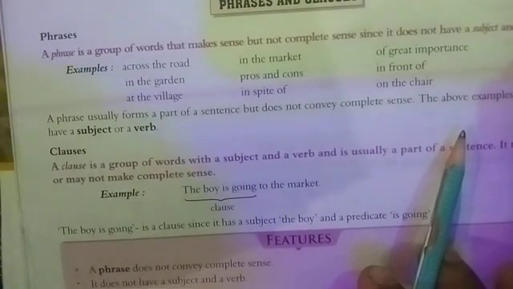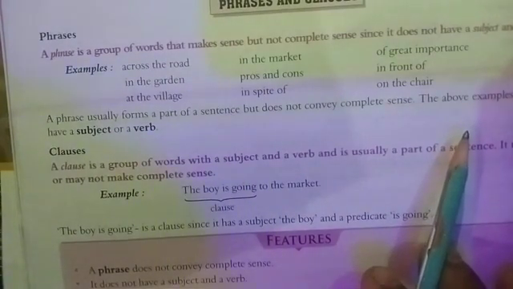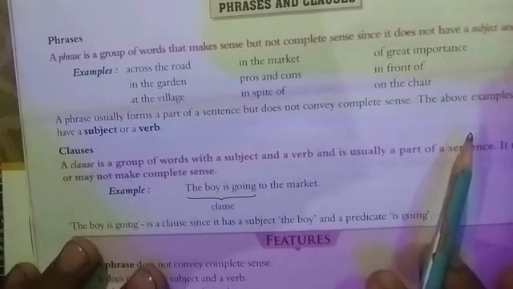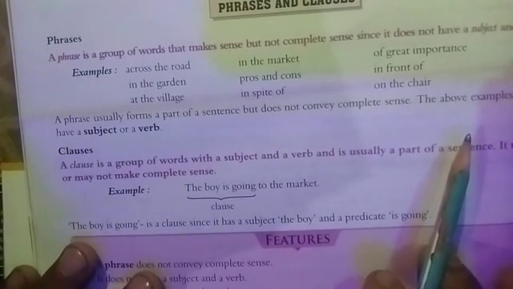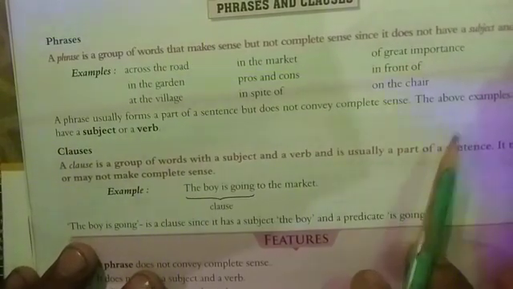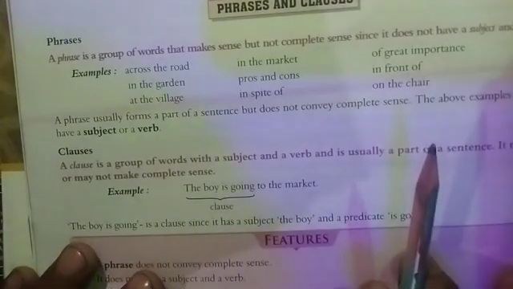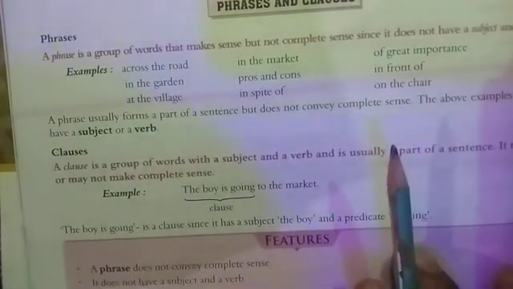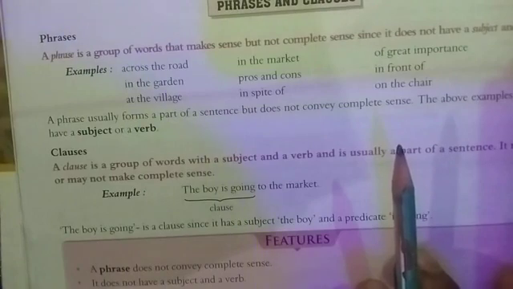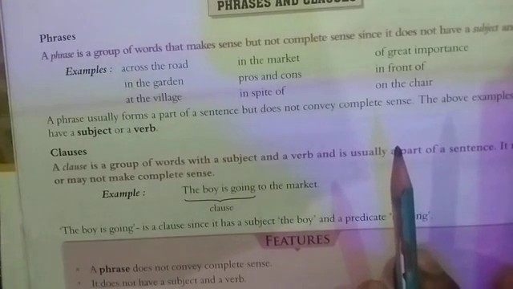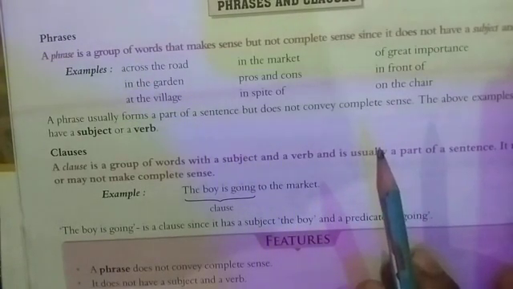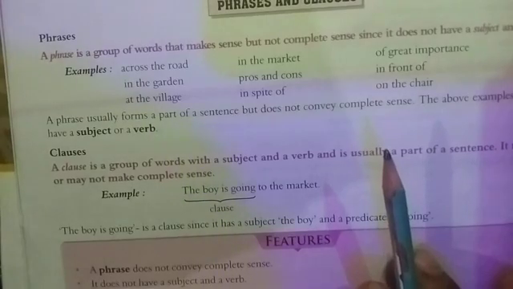Like you have known about many phrases. Phrases are meaningful words, but they are not complete sentences. Although they help in the completion of sentences, they still are not sentences, because in a phrase, the verb and subject are not there.